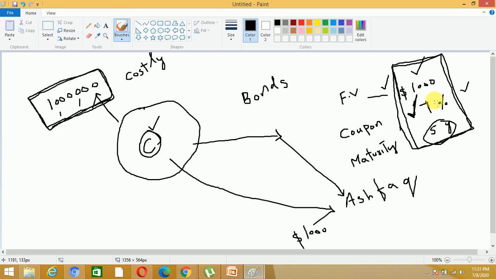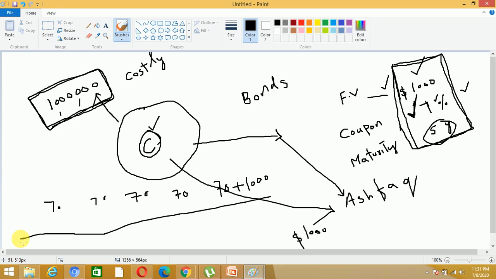So see, for 5 years I will receive 7%, means $70 for the first year, 70 the second, 70 the third, 70 the fourth, 70 the fifth, plus they will also give me my own $1,000 back.